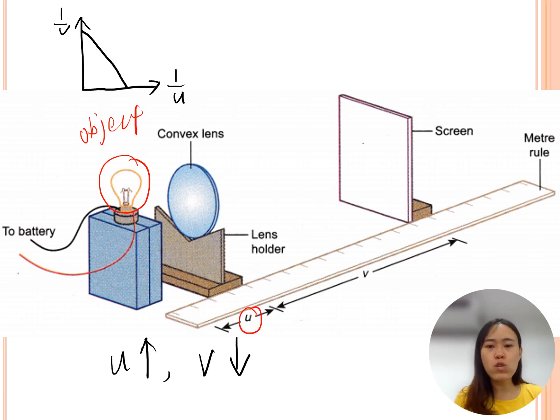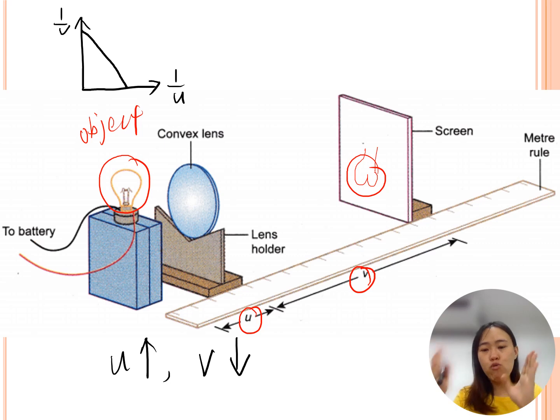From the lens to the screen is the image distance, because when we do the experiment we will have the image on the white screen, which helps you determine the image distance from the image to the convex lens. This is the setup of the apparatus. Next I will show you a video related to this experiment.